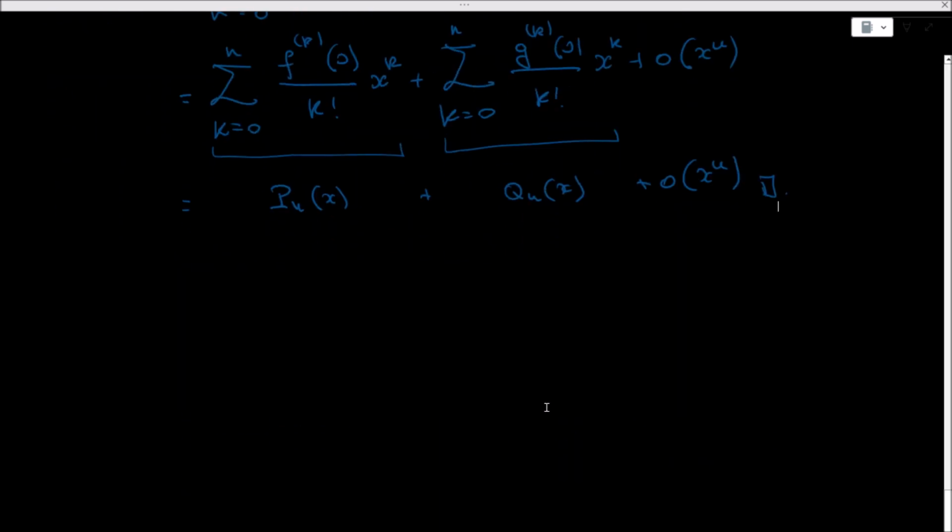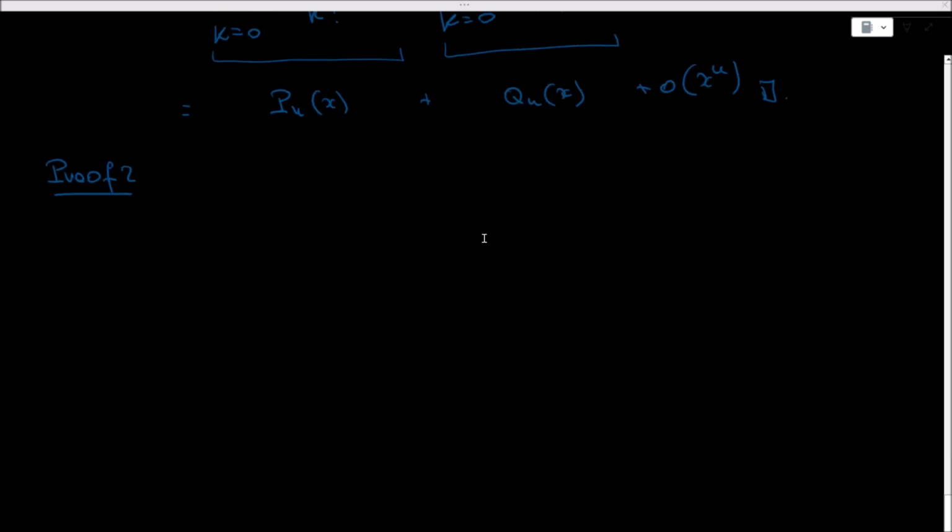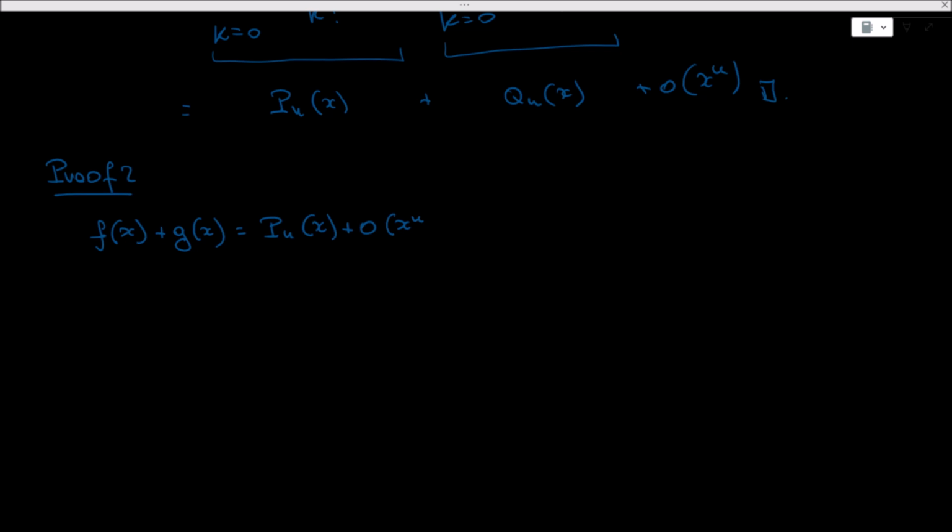We have another proof of this. Proof 2. This second proof is even simpler, okay? Because we can immediately write f of x plus g of x and just replace f of x with Pn of x plus little o of x to the n, and g of x with Qn of x plus little o of x to the n.